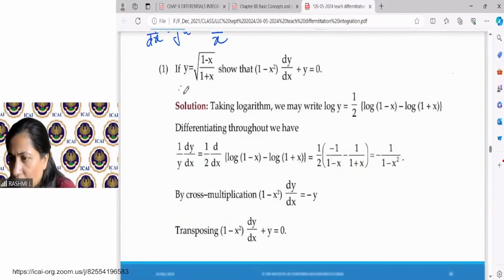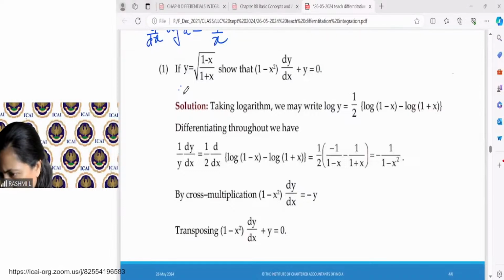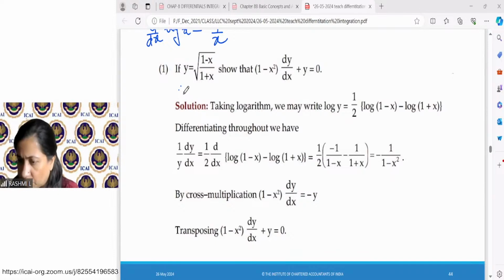The second one, yes, exercise 8A, seventh question. Parul. Okay.